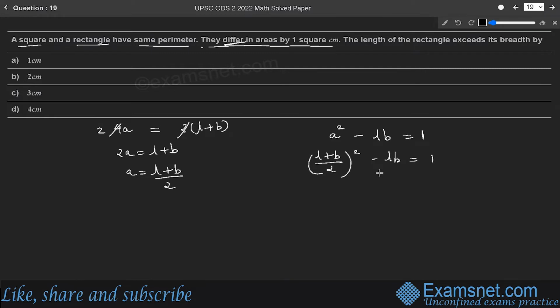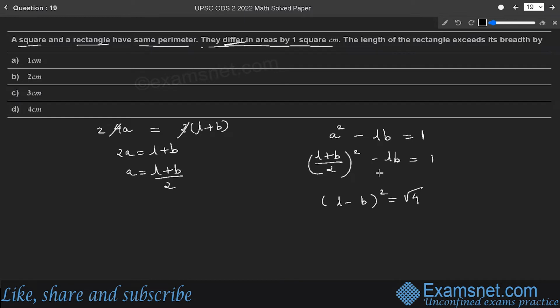Now from here, (L minus B) whole square will be equal to under root 4. See, firstly, we have to apply the formula for (L plus B) whole square upon 2 whole square.